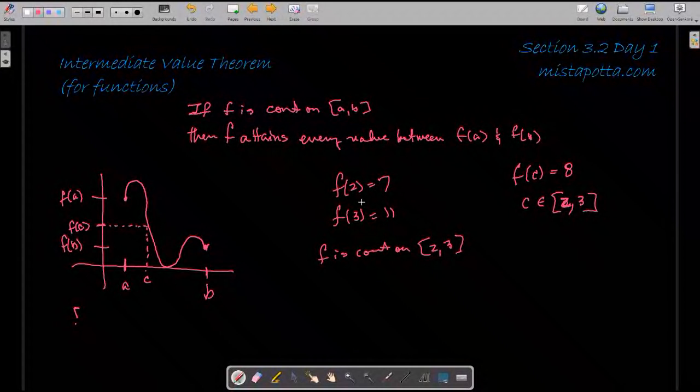It brings this idea that there are no holes, there are no gaps, there is no place that my function could kind of sneak around, so I never skip a y value that lies between two given y values if my function's continuous between them.